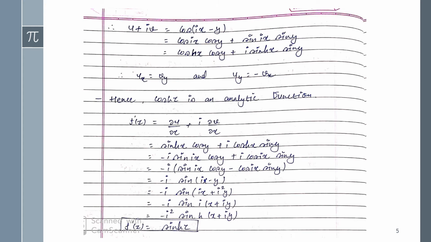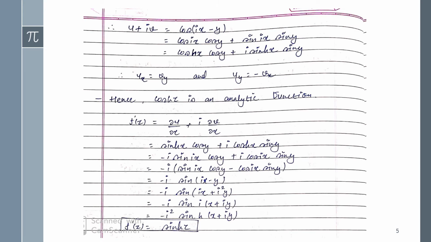So cos alpha, that is ix, so cos ix into cos y, plus, because if it is negative here then positive sign comes. And now sin alpha sin beta, that is sin ix into sin y. At the last, as you know all circular functions, you have to convert them into hyperbolic form. So it will be cos hx cos y plus i sin hx sin y.